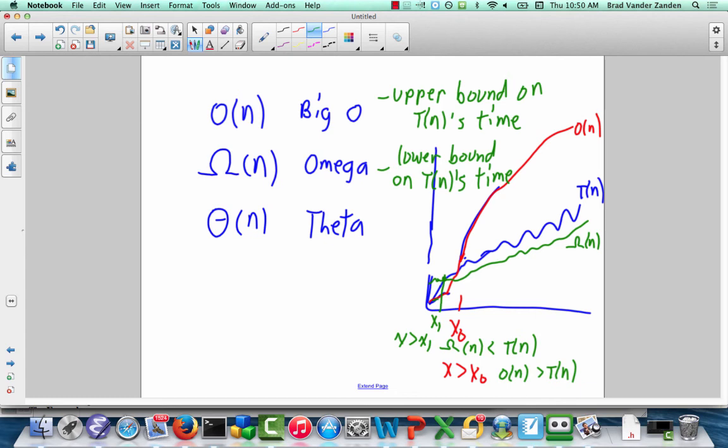Okay, theta is something that is a tight bound. So it turns out that O of n can be a loose bound.